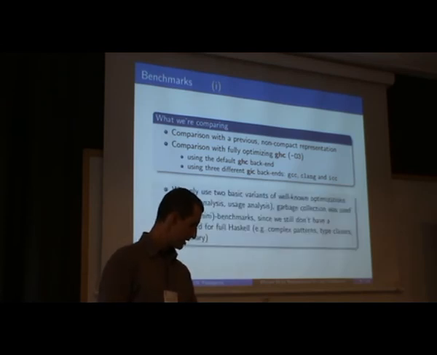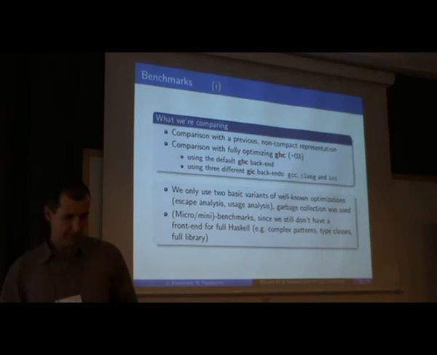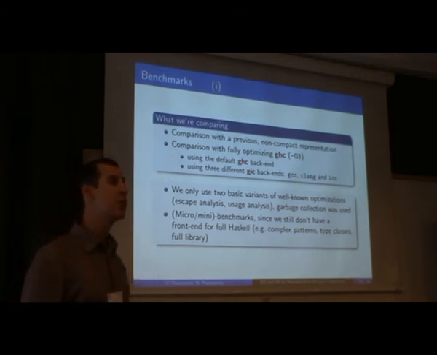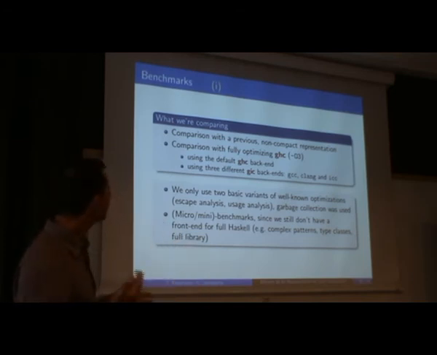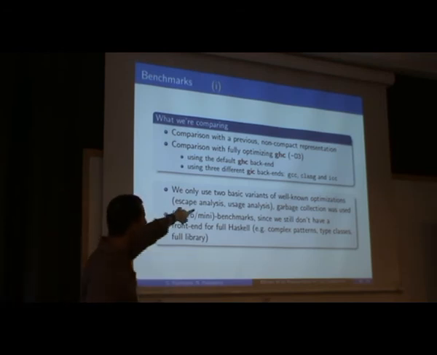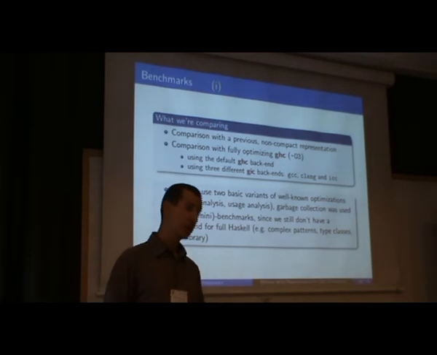So, this means that the result of the second comparison does not take into account only the benefits of the compact representation, but it also compares the complete compiler. This is a bit unfair because we haven't worked very much on optimizations in this compiler. We only do two basic optimizations, escape analysis and usage analysis, whereas in GHC there has been a lot of work.